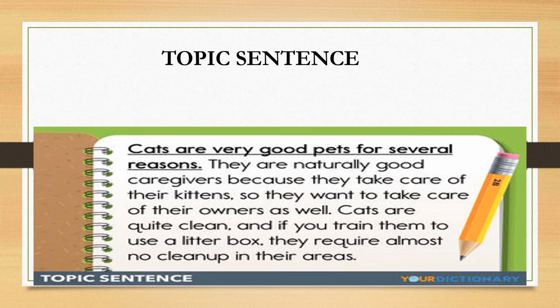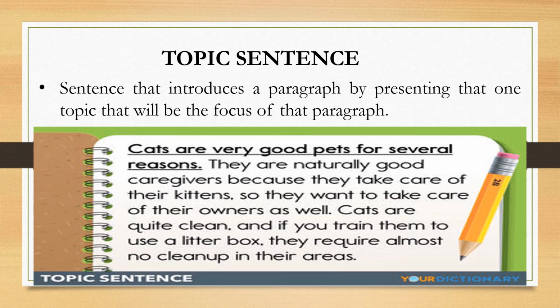And if you train them to use a litter box, they require almost no cleanup in their areas. Ayan. So topic sentence ay, cats are very good pets for several reasons. Yan. And pag sinabi natin topic sentence, it is a sentence that introduces a paragraph by presenting that one topic that will be the focus of the paragraph.